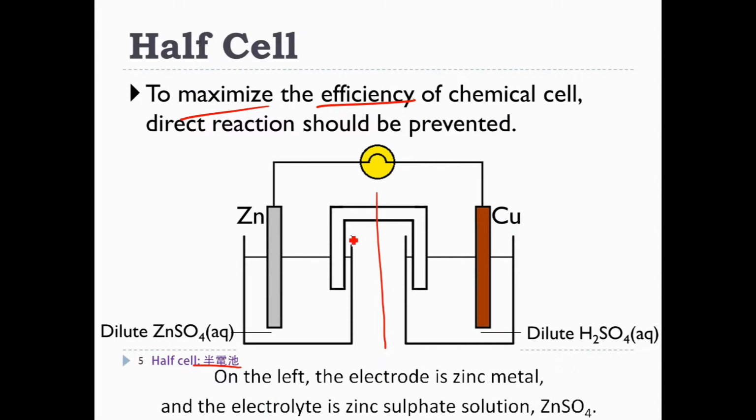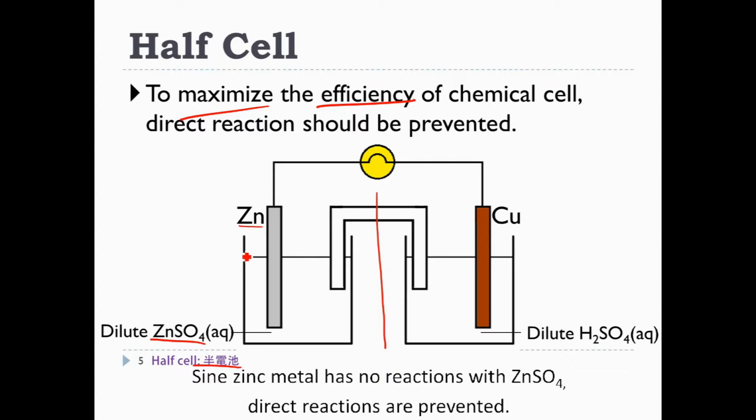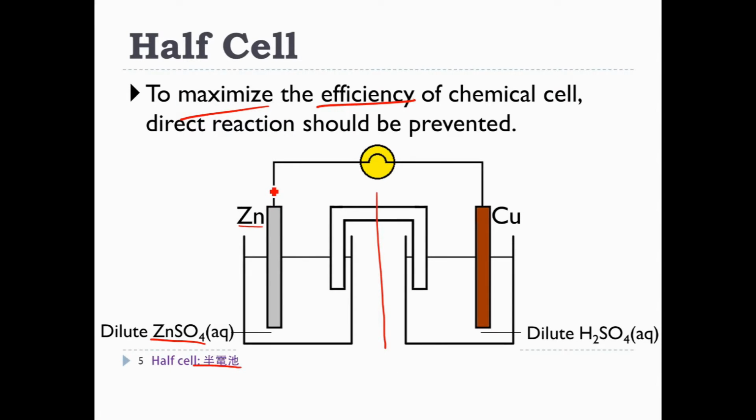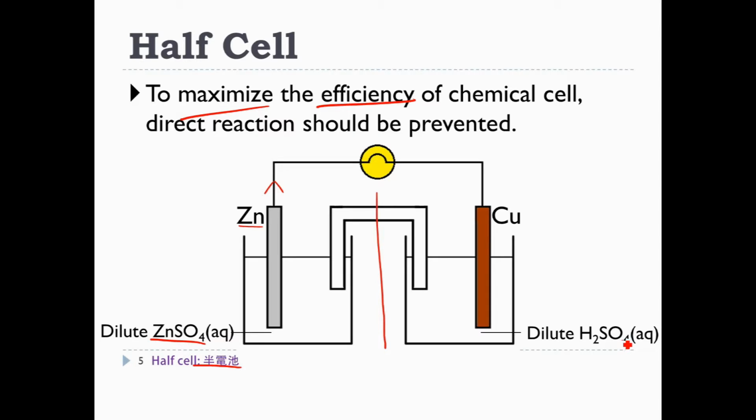On the left, the electrode is zinc metal, and the electrolyte is zinc sulfate solution, ZnSO4. Since zinc metal has no reactions with ZnSO4, direct reactions are prevented. All the electrons produced will be transmitted to the copper electrode through the wire, which are then accepted by acid.